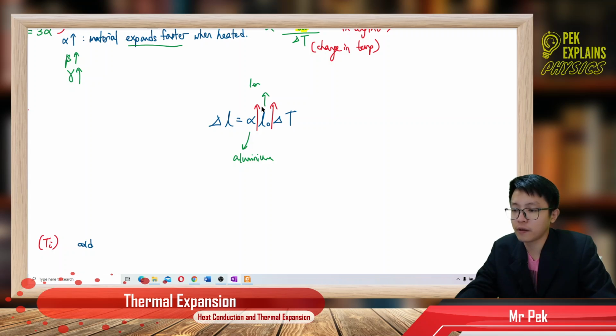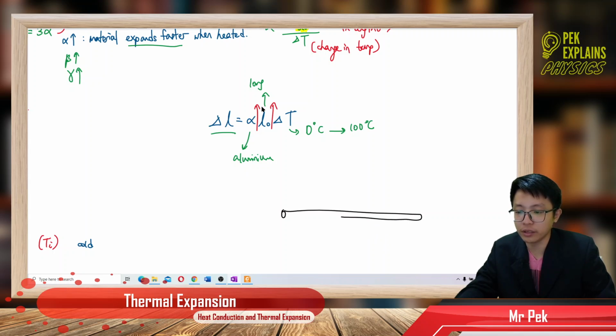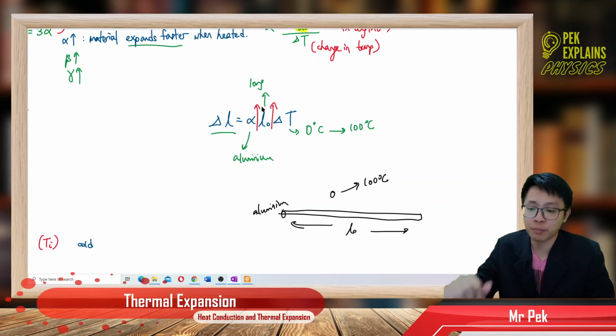And a very long initial length, and a very big change of temperature. I mean, maybe I heat from 0 to 100 degrees Celsius. So that means I use an aluminium rod with a very long initial length, heated from 0 up to 100 degrees Celsius, a very big change of temperature.